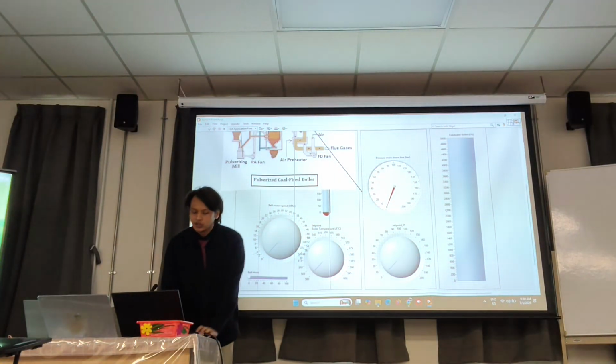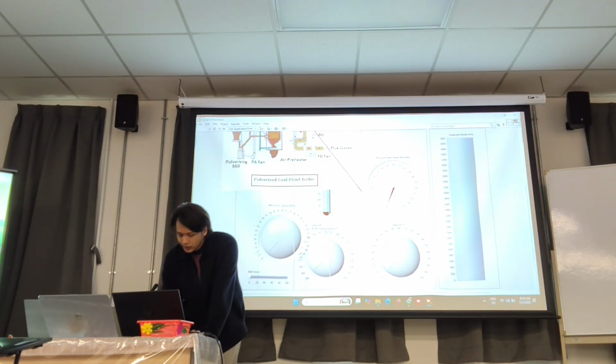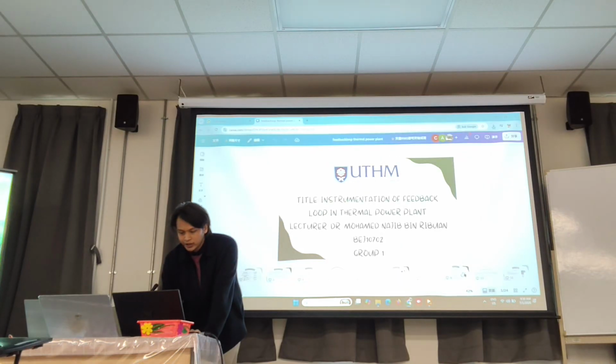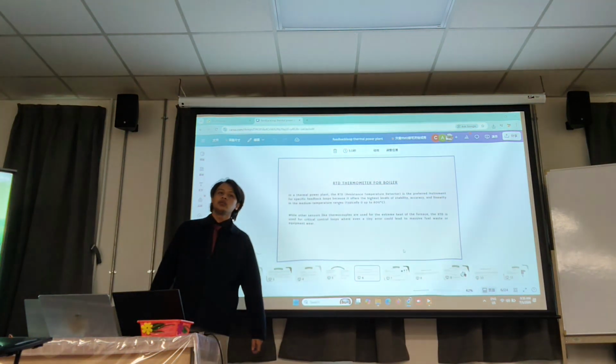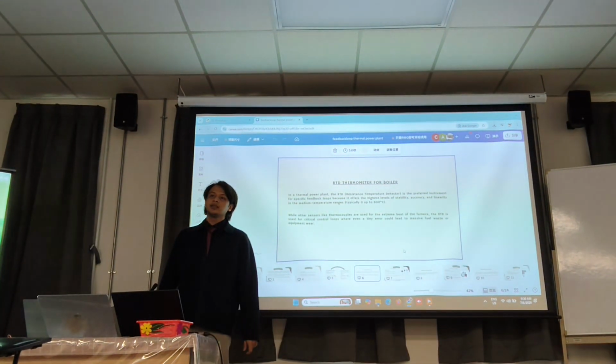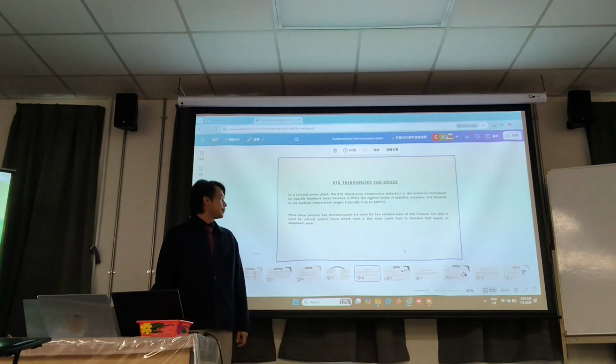Okay, so I will just skip to the sensor that I will use for my part only. The sensor that I use is the RTD thermometer to measure the temperature.